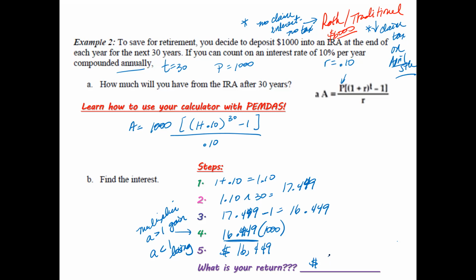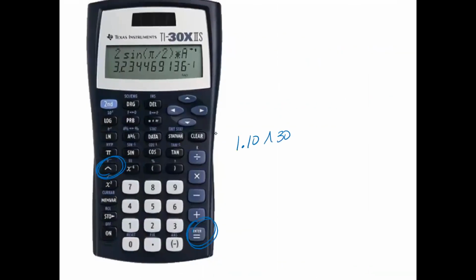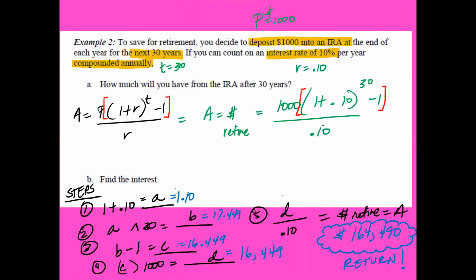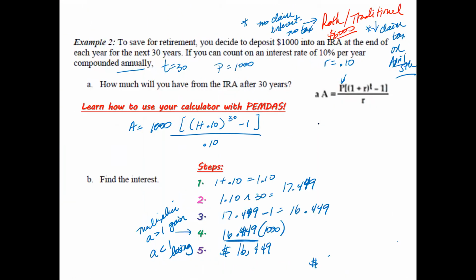Here we go. We're not quite there yet because right after this, you cannot forget the divided by 0.10. So let's go ahead and do that. Take your number, divide it by 0.10.